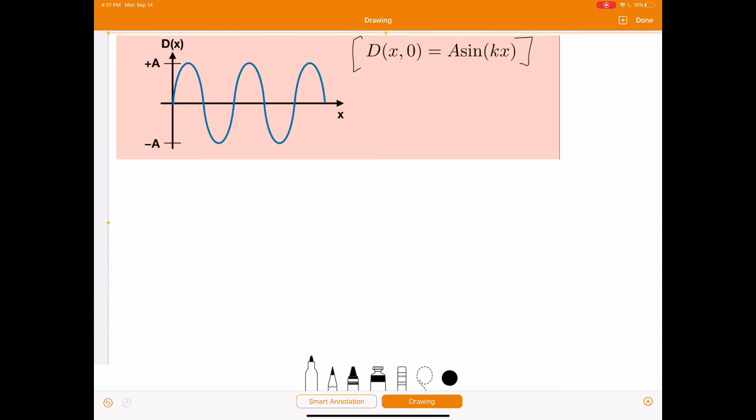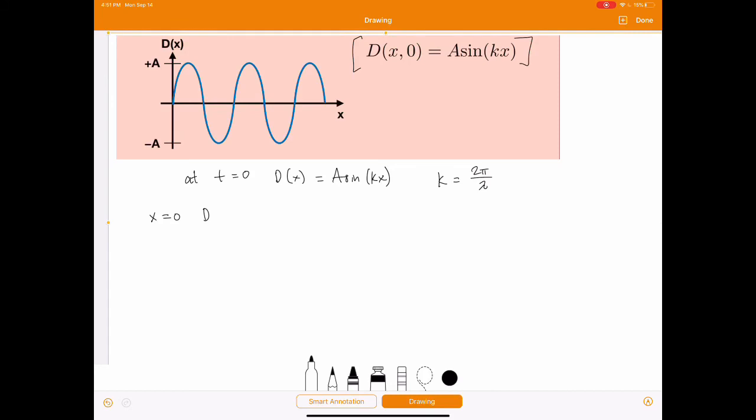And the way we're going to do this is by just testing out some points. Okay, so at t equals 0, we have d as a function of x is equal to a sine kx. And we'll remember that k is equal to 2 pi divided by lambda. Okay, so what if I plugged in x equals 0?